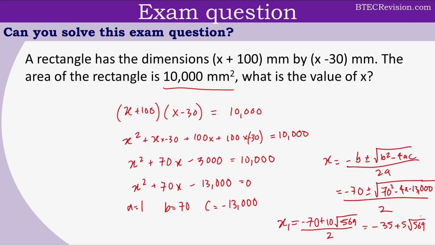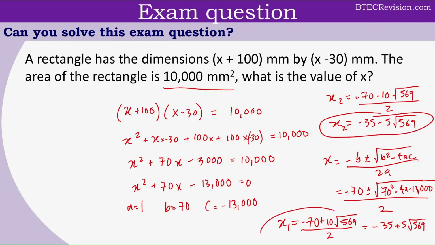For our second value, x2, that's equal to negative 70, now we're going to take away 10 root 569 divided by 2, and simplifying, that gives us negative 35, take away 5 root 569. So here are both of our answers.